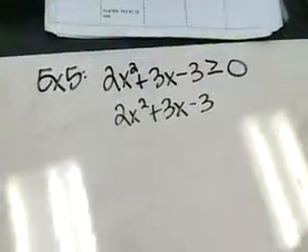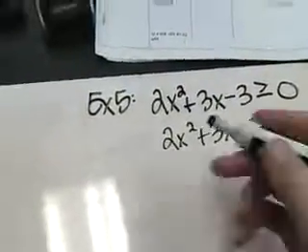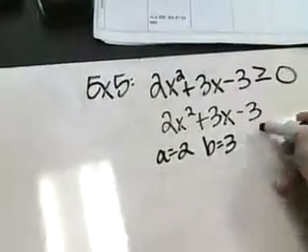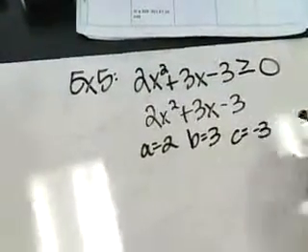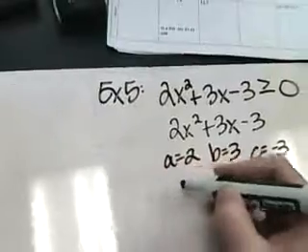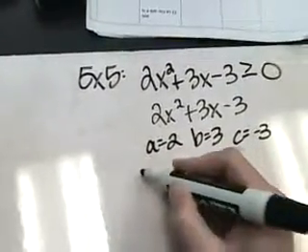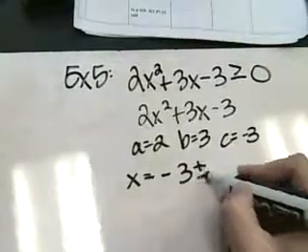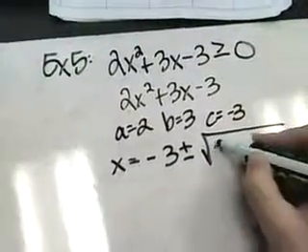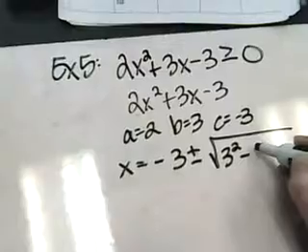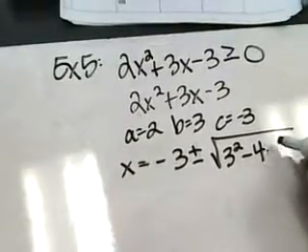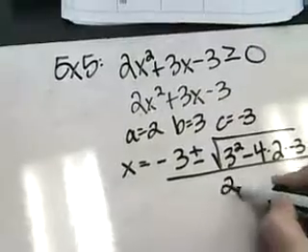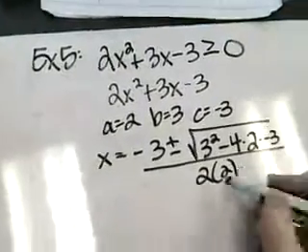Okay, my second favorite is the quadratic formula. So a is 2, b is 3, and c is -3, and I'm going to put it into the quadratic formula. So x equals -3 plus or minus the square root of b squared minus 4ac, all over 2a.